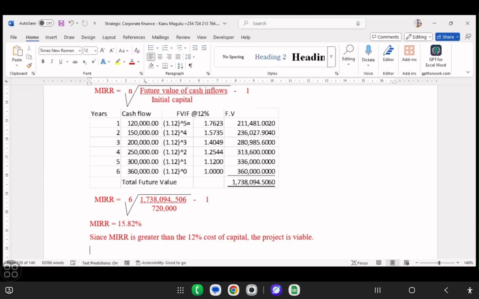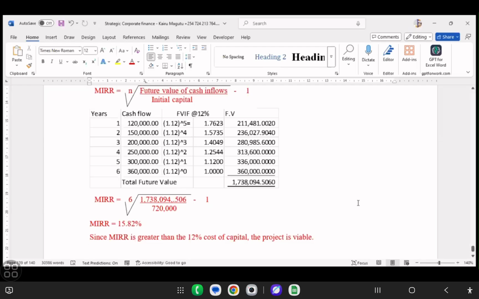We give the compounding rate, the rate that will give you the future value of the cash flows. That is what it means. We are giving the one at year 6. It is generated at the end of year 6, meaning you will not reinvest. Once you get the future value for each of the cash inflows, it will give you the total future value of the cash flows.